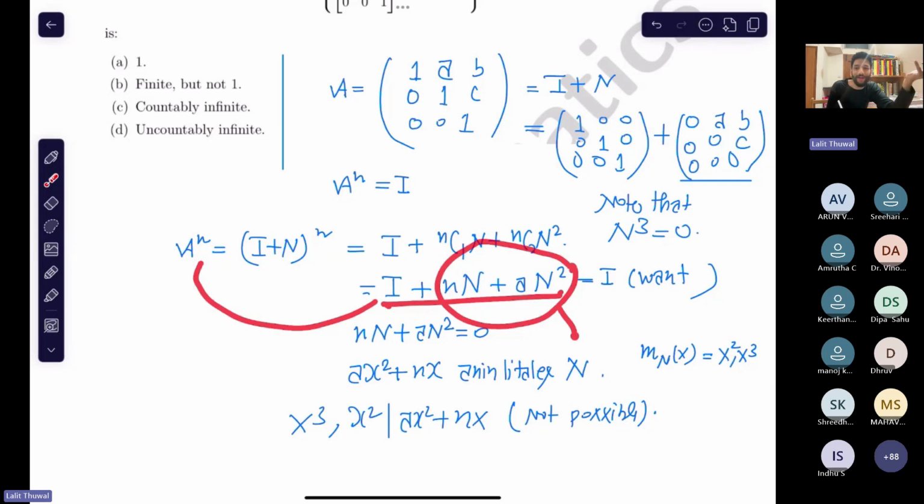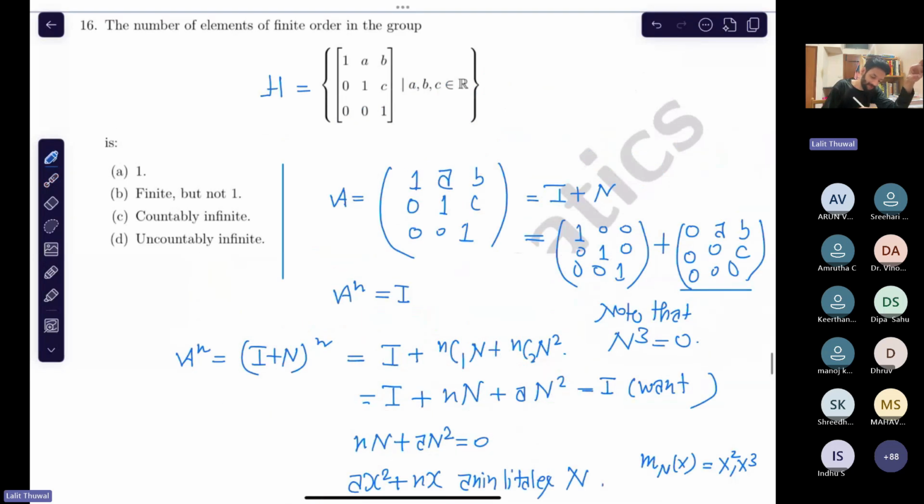So any non-identity element has infinite order. Is it clear to everyone? So the answer is only the first one.